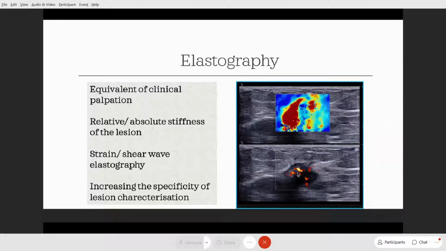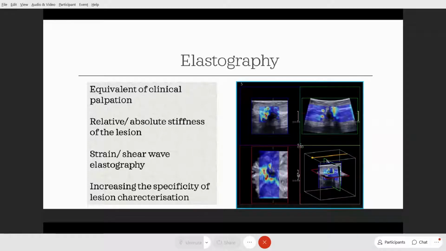It measures either the relative or the absolute stiffness of the lesion based on whatever technique you use, which helps in characterizing the lesion much better along with the B mode, and hence increases the specificity of our diagnosis. And the beauty of it is that it is also available in the volume linear probe.